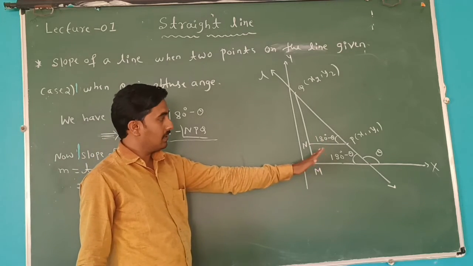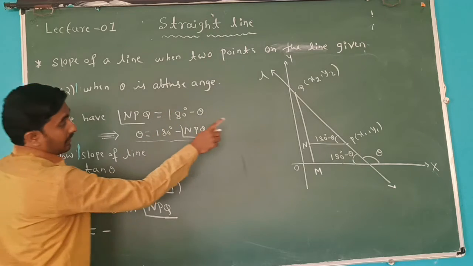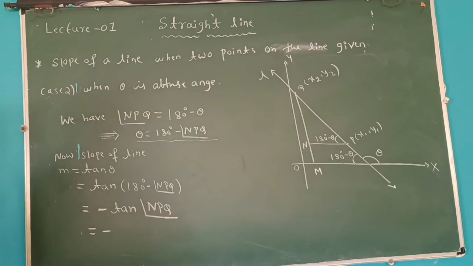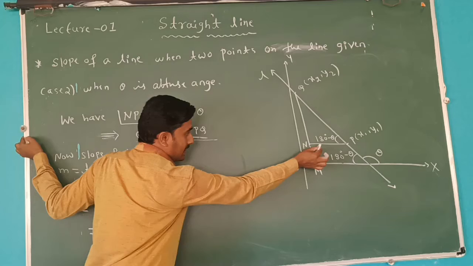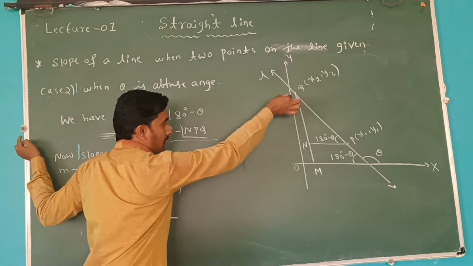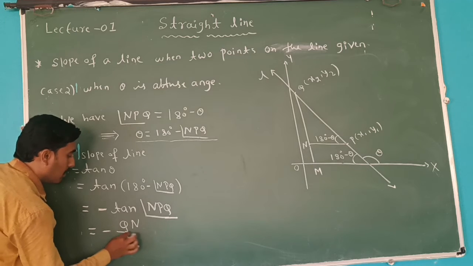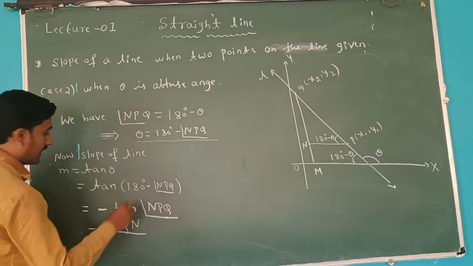Now we can define the tan in that triangle QNP. How can we define it? Tan of this angle NPQ is opposite divided by adjacent. For this angle, the opposite is QN, divided by the adjacent, which is NP.